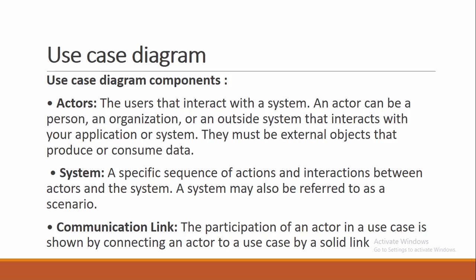It gives a high level functional view of the system. Use case diagrams help developers to understand the system scope, help clients to verify the requirements, and help analysts to avoid missing functionality.